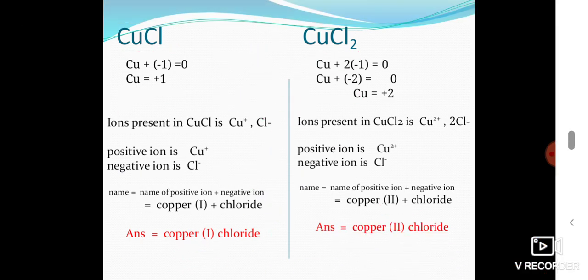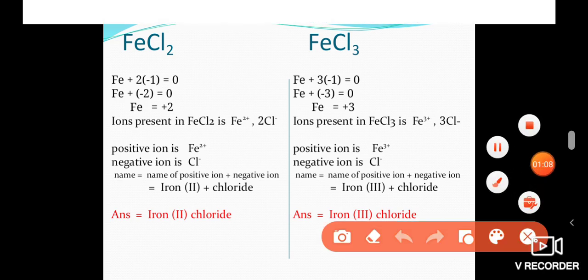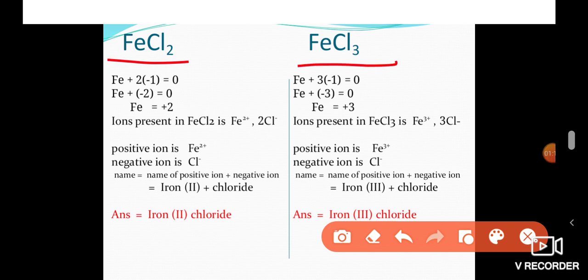Like that, iron sulfate. In iron sulfate also, we do not mention the valency of iron in the name. But in iron chloride, we should mention it, because both the iron 2 form and the iron 3 form can form iron chloride.